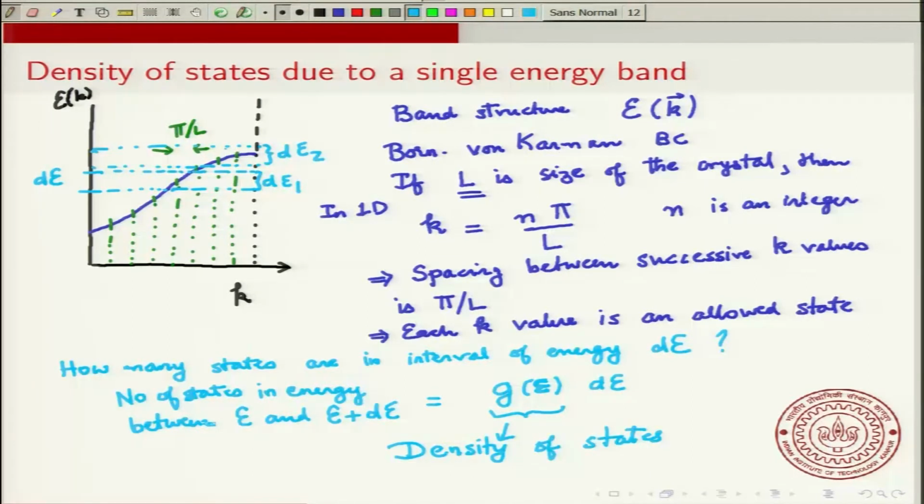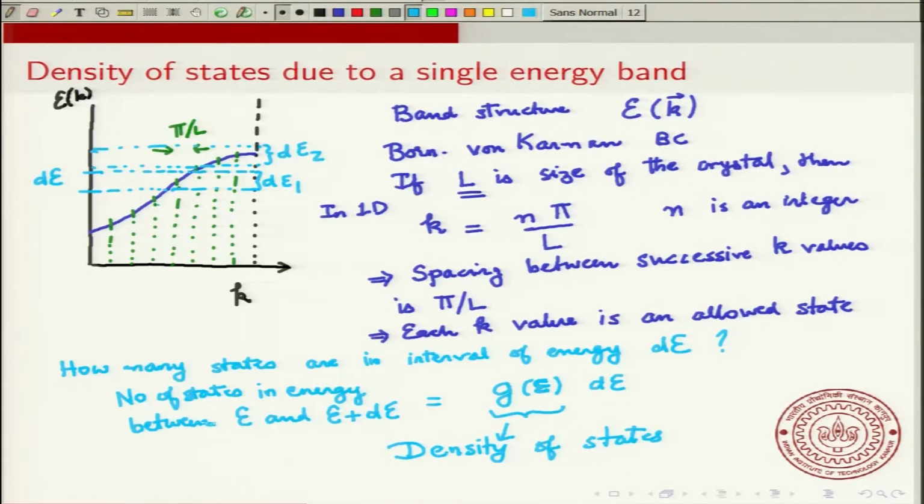Again you have to imagine that I am showing only a few of these green dotted lines, but actually there are a lot more states. So you have several allowed states in this region, whereas here you have relatively few allowed states, because the slope is high.